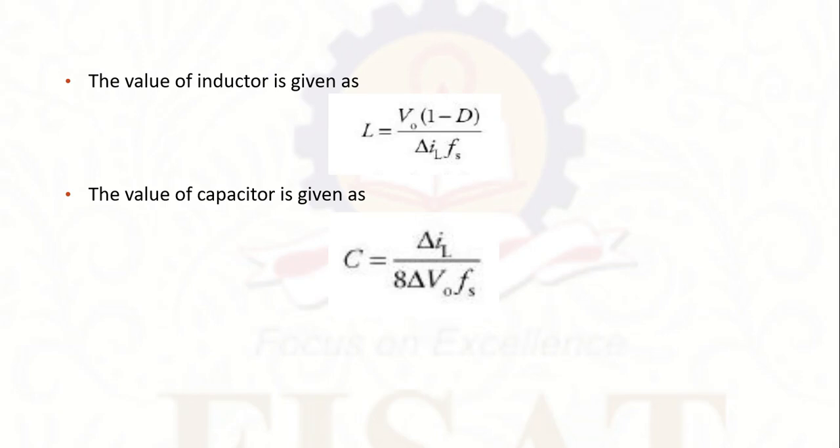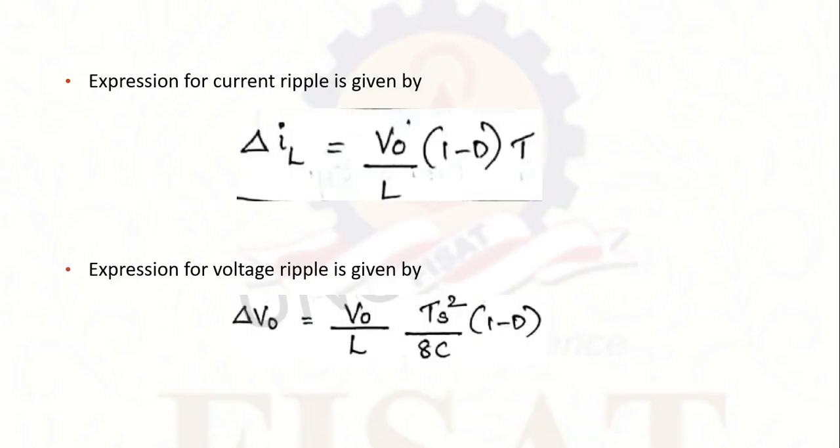Now, the value of the capacitor is given by C is equal to delta IL divided by 8 into delta Vo into Fs, where delta IL is the change in the inductor current, delta Vo is the change in the output voltage, and Fs is equal to 1 by Ts. And we have the expression for delta IL.